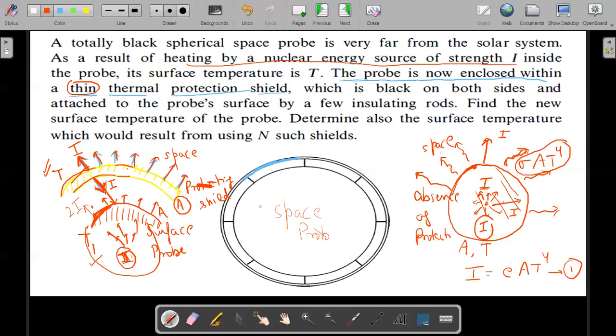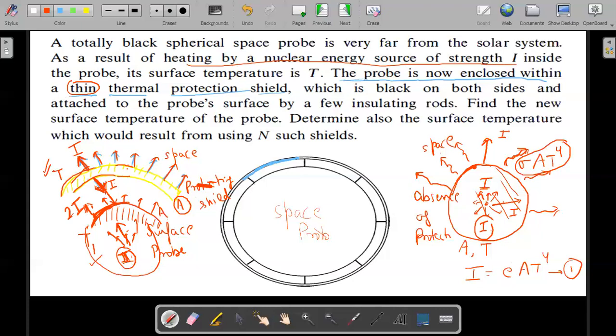But when it has been covered by the protecting shield, the surface of the probe receives two energies, one from inside of the probe and the other from the inner surface of the protecting shield. Both are at the same rate. So the total rate at which the probe receives energy is 2I, and therefore it must re-radiate energy at a rate of 2I from the surface.